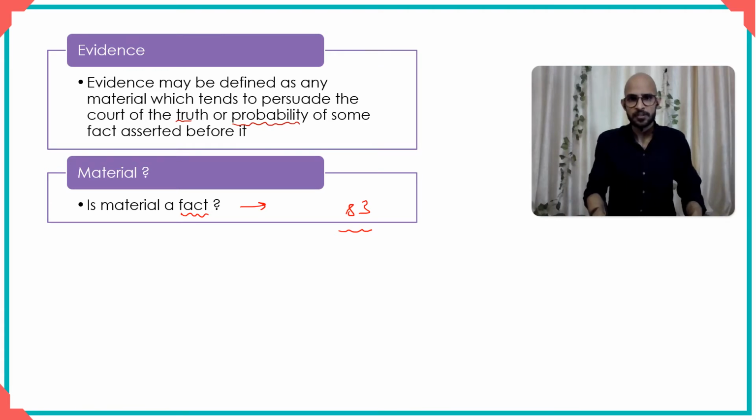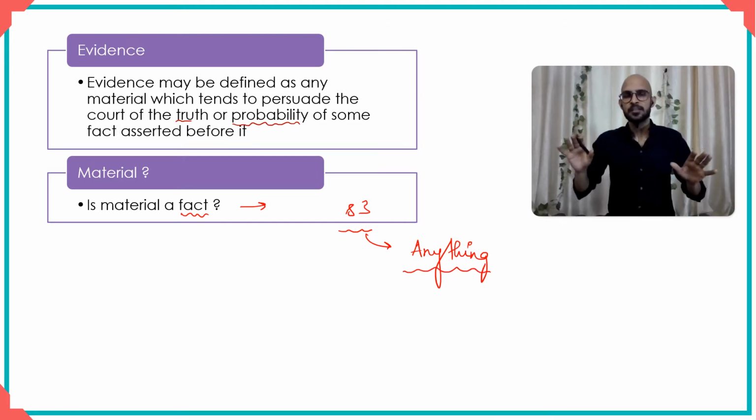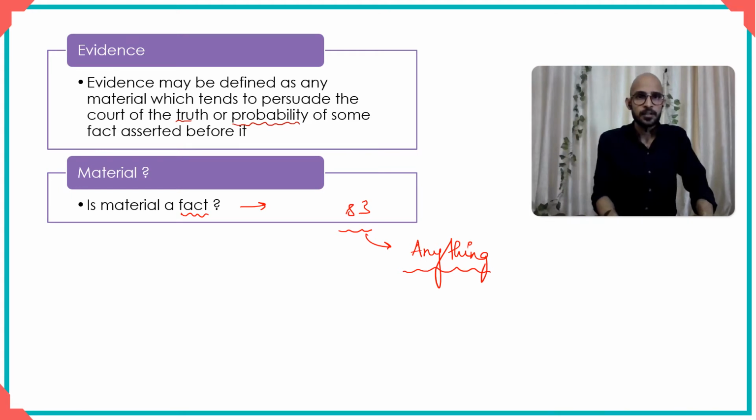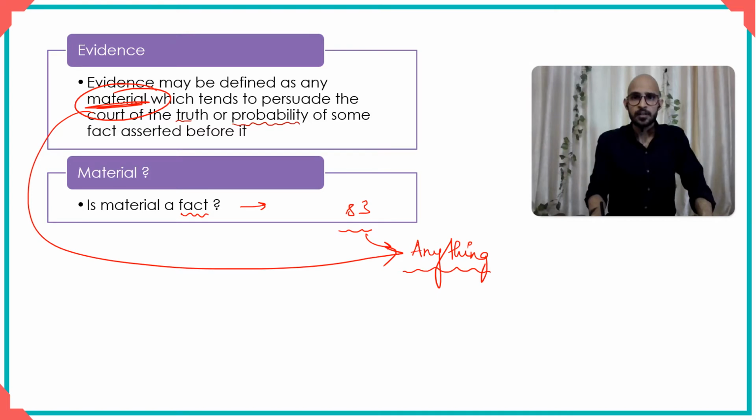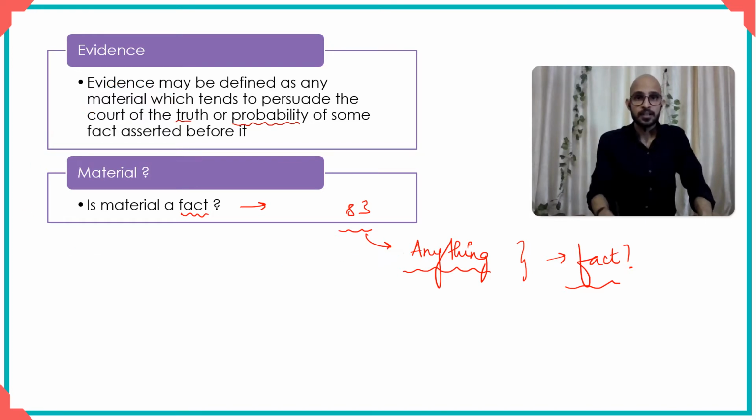If you remember, so let me just shorten it for you. Anything which can be perceived by the senses is a fact. Does that mean a material? This word that you see here, material. This material, is it also a fact?